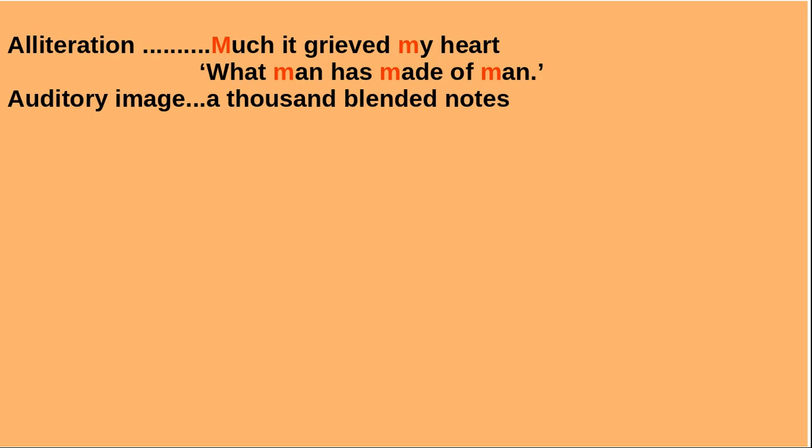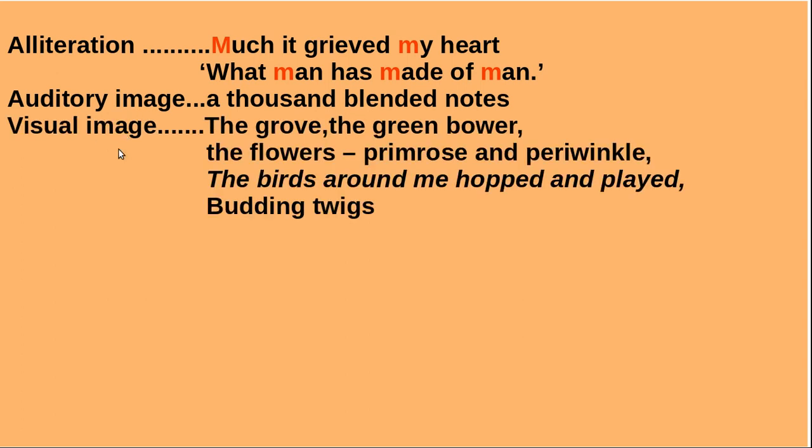We can hear it in our ear, even though we shut our eyes. That means this image appeals to the sense of hearing, right? Okay. Next one is visual image. It appeals to the sense of sight or seeing, right? The glow.